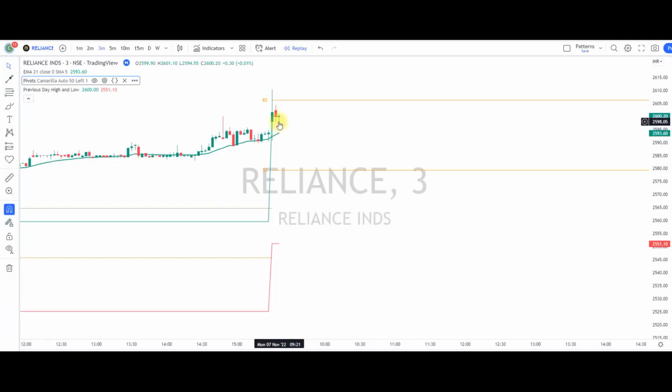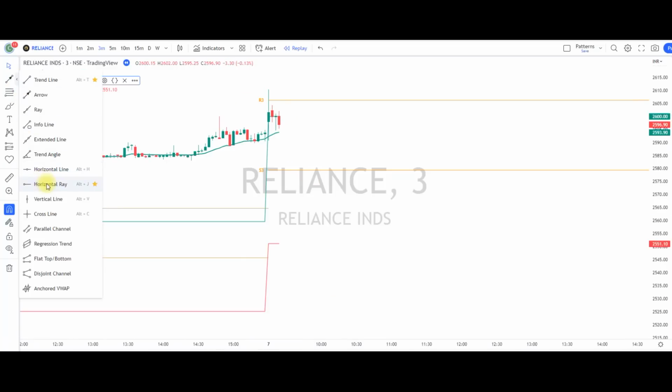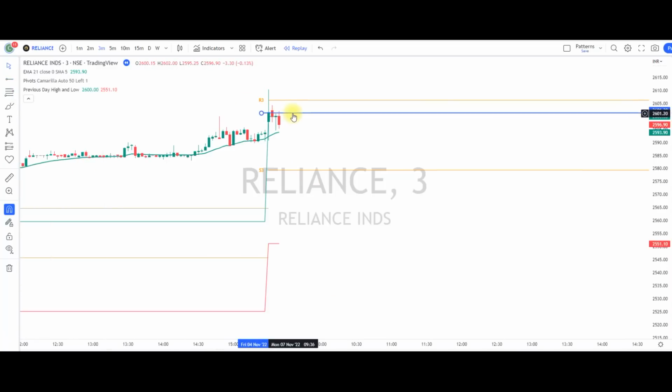Now we'll see how the trade is going on. We have to enter if any green candle is closing above this level. But you can see we didn't get any green candle above this candle, so we'll not enter into the long trade. We'll see how the trade is going on now.